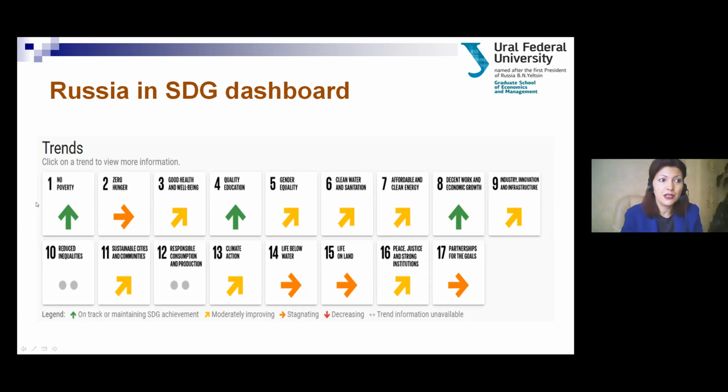So it was a joint work of business and government in Russia, and it is published on the website of the ministry in Russian and in English. They measured all the SDGs in Russia and provided statistics for that, which for researchers is a good resource to make new fantastic discoveries, but also it's interesting to see where we're standing.